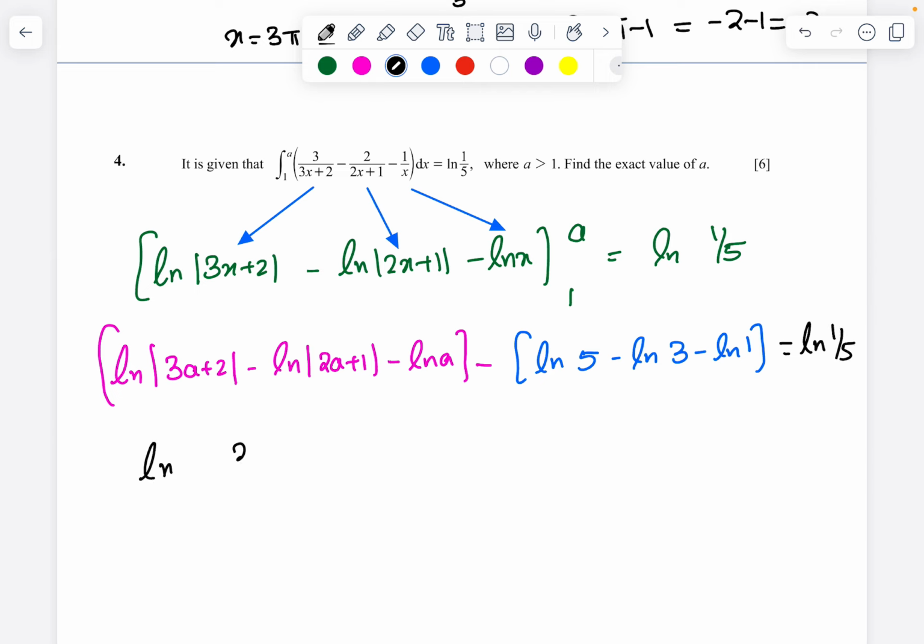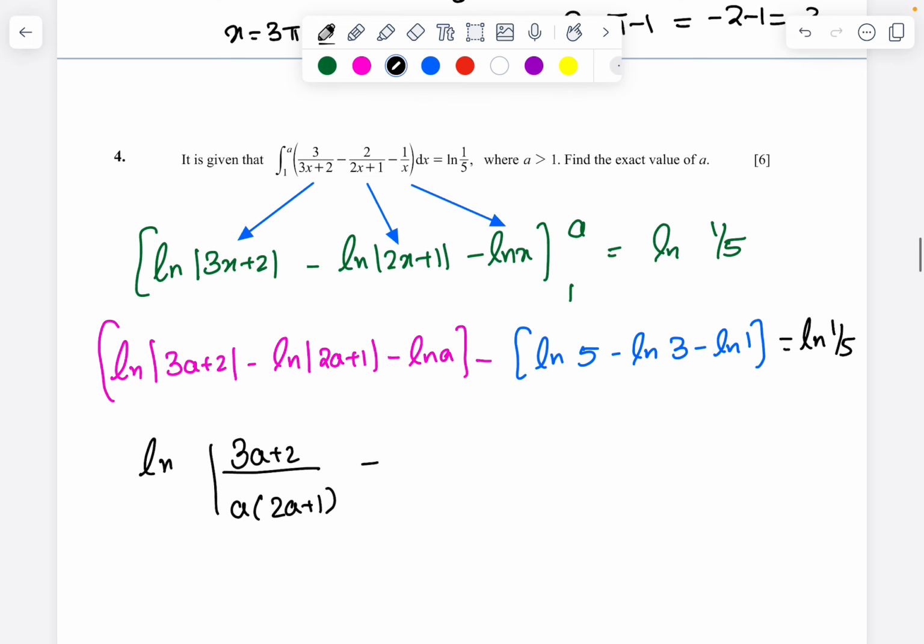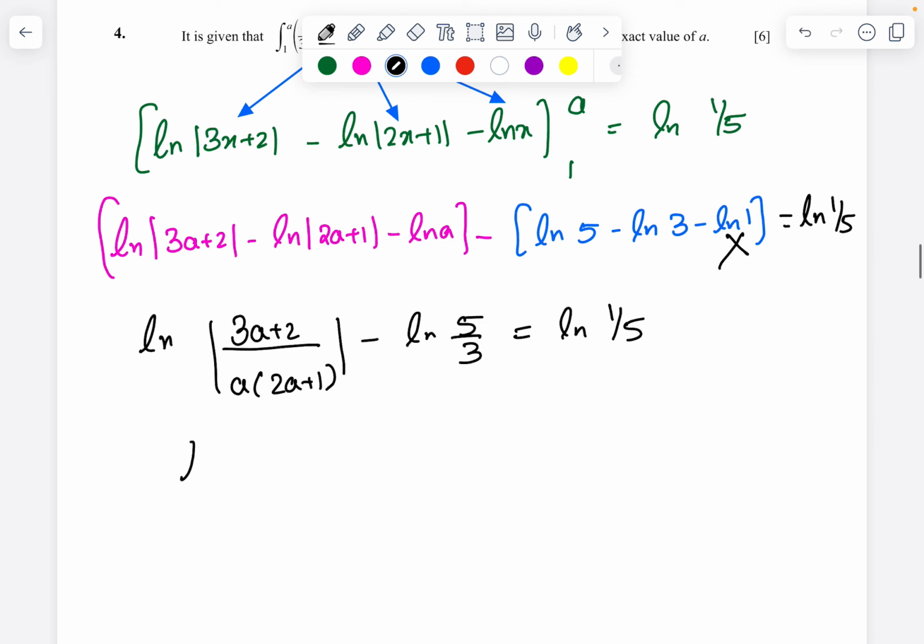So what does it become? Ln of (3a plus 2) divided by a times (2a plus 1), minus ln of 5 upon 3. Ln 1 is 0, equals ln 1 upon 5. So again, ln of (3a plus 2) divided by a times (2a plus 1) divided by 5 upon 3 equals ln 1 upon 5.